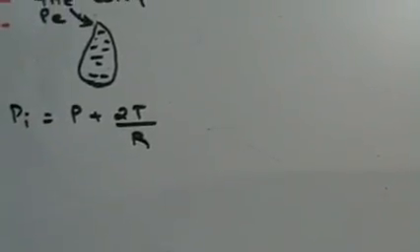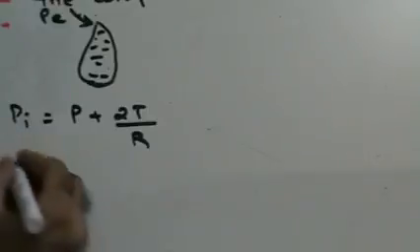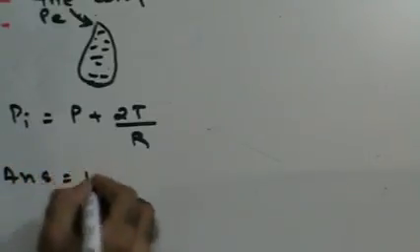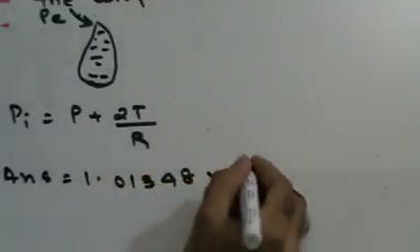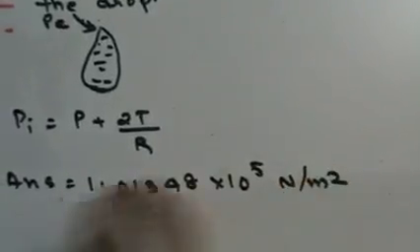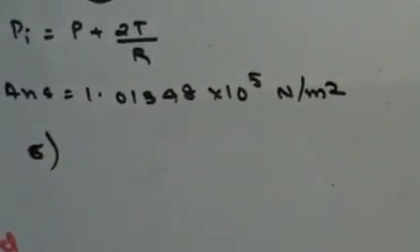The answer for the sum should be 1.01348 into 10 raised to 5 newtons per meter square.